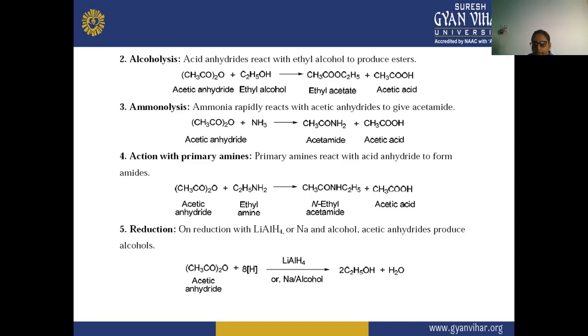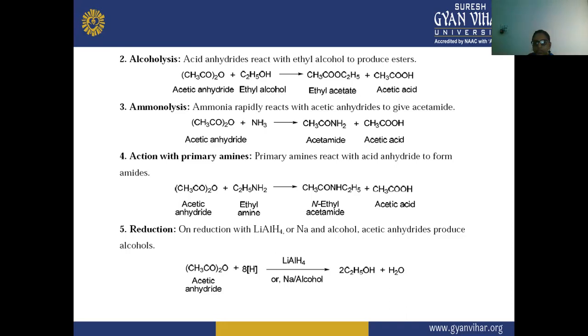So in alcoholysis, the acid anhydride reacts with ethyl alcohol, and there is a production of ester plus acetic acid. The acetic anhydride, (CH3CO)2O, plus C2H5OH, the ethyl alcohol, undergoes alcoholysis, and there is a formation of ethyl acetate plus acetic acid. So how is it formed?